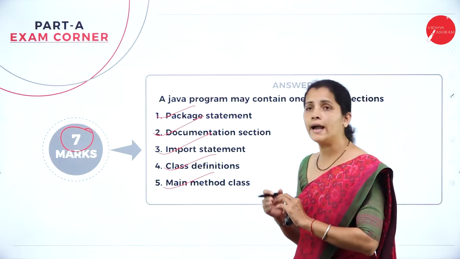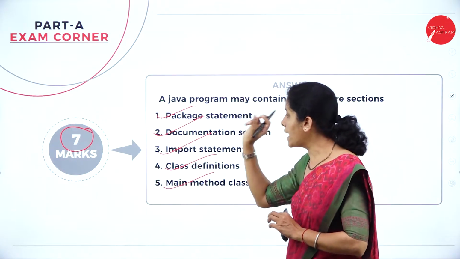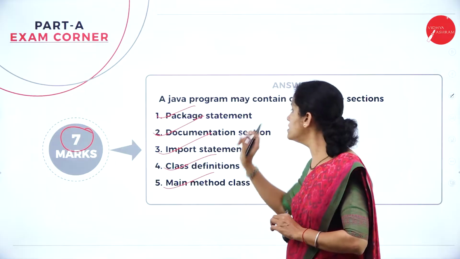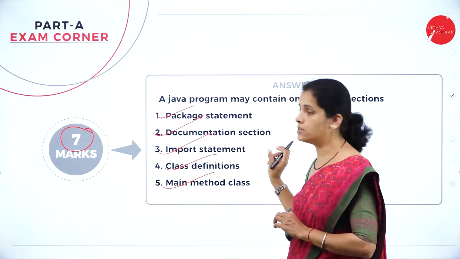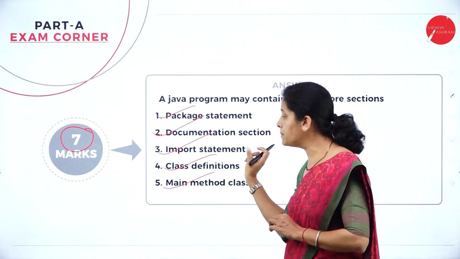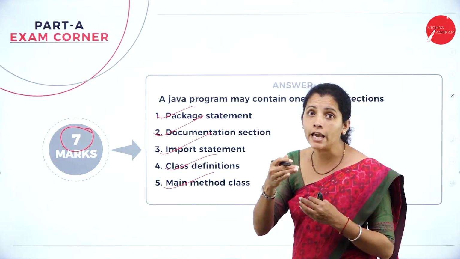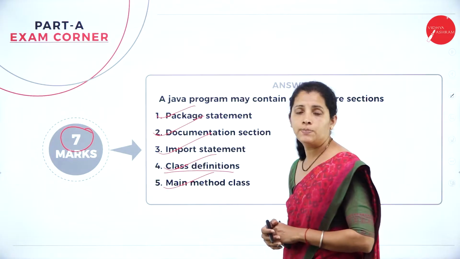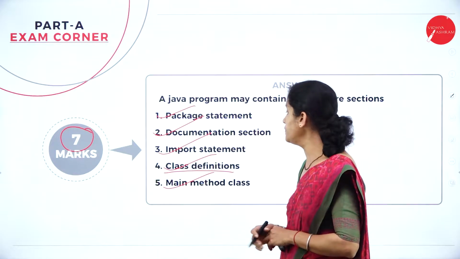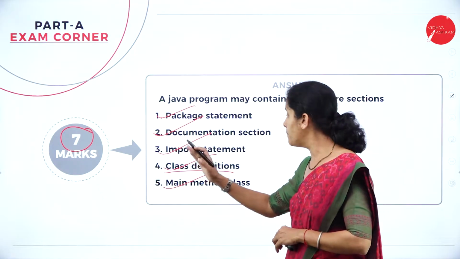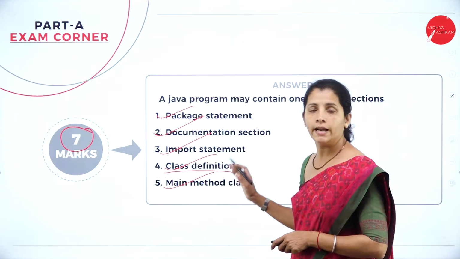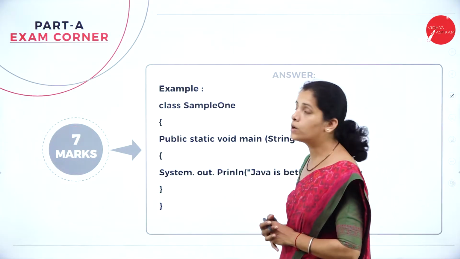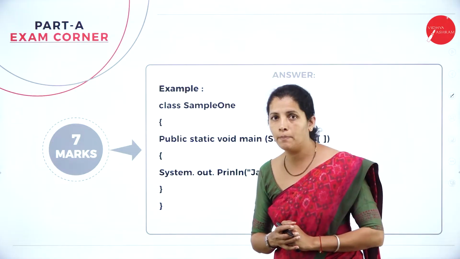So you have to write what is package statement, what is documentation section, what is import statement, and what are the packages you're going to import. You have to explain what is class definition along with main method class. At the same time, you have to write one simple example here.